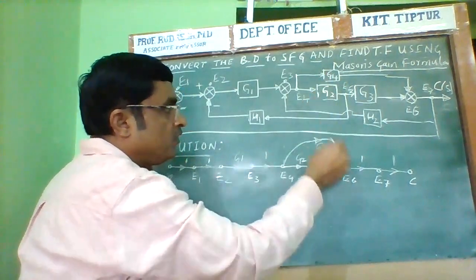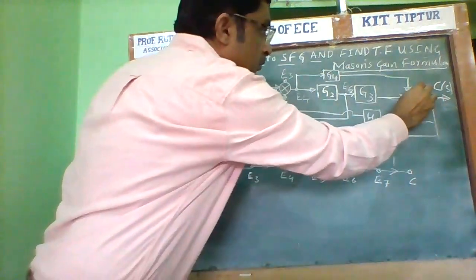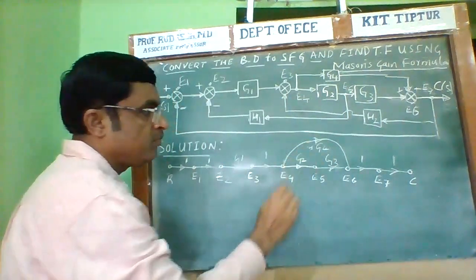The gain is G4. The sign here is usually plus.